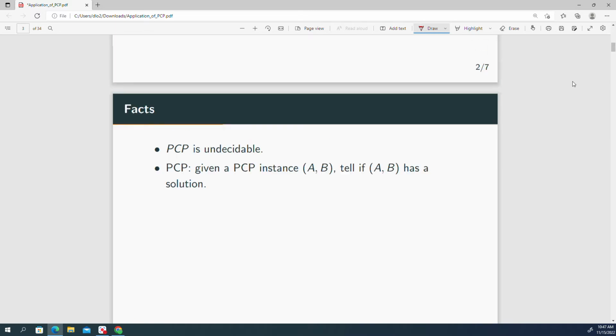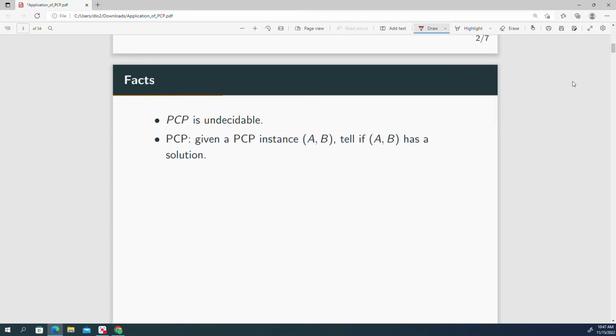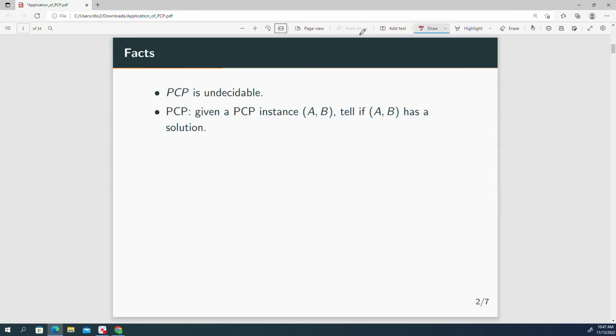So we start out with some facts about PCP. First of all, PCP is undecidable. To prove that, you can reduce LU, which is known to be undecidable.